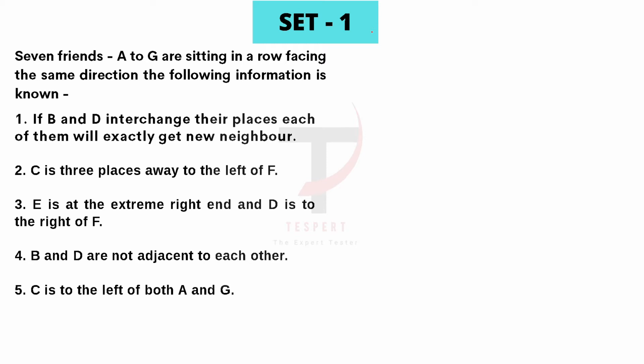Okay, so I will explain the meaning of the first statement just for the sake of your learning and better understanding. As there are 7 friends, let us take 7 places here: 1, 2, 3, 4, 5, 6 and 7. So what is the meaning of the first statement?